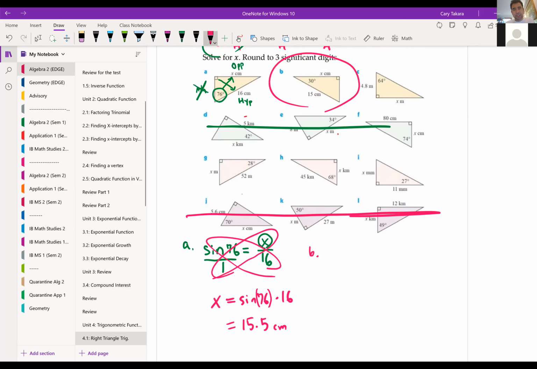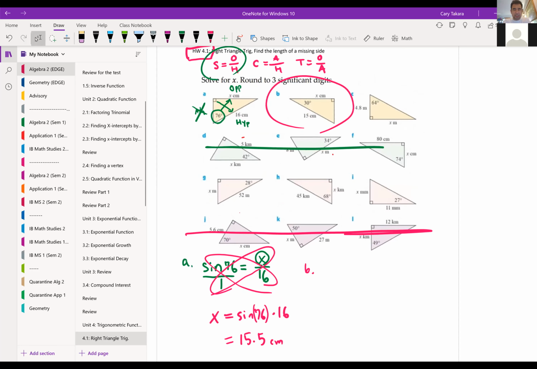Opposite, adjacent, no, hypotenuse, adjacent. And which function is it? Is it sine, cosine, or tangent for B?